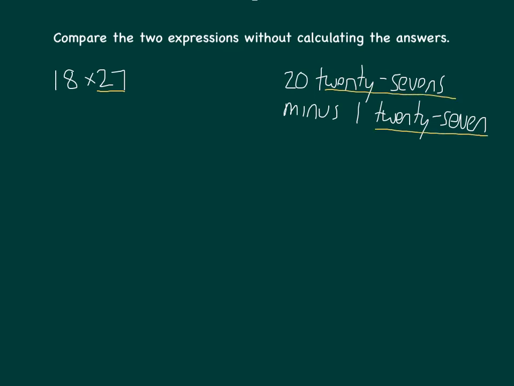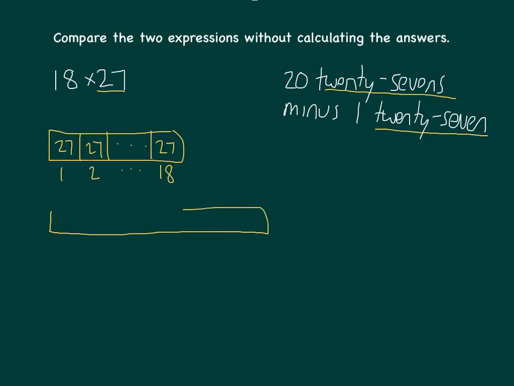So I have groups of 27s in both cases. In the first example, I have 18 groups of 27. So here's my 27, 27, dot, dot, dot, 27, 1, 2 groups, 18 groups.